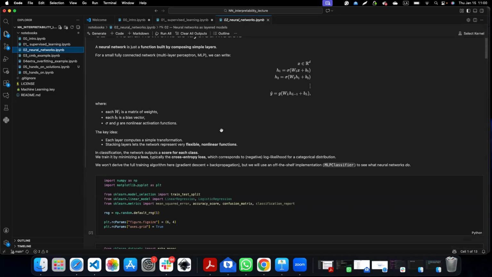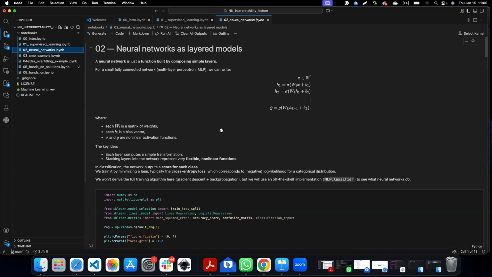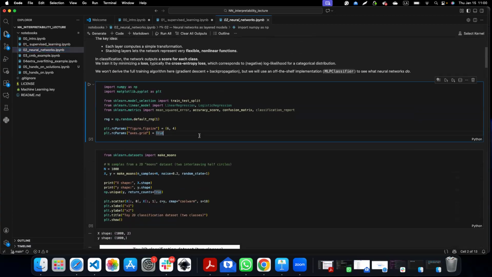And there, I wrote a little bit of the theory, so you can read whenever you want. And again, the magic of scikit-learn, we can import the linear regression, the logistic regression.